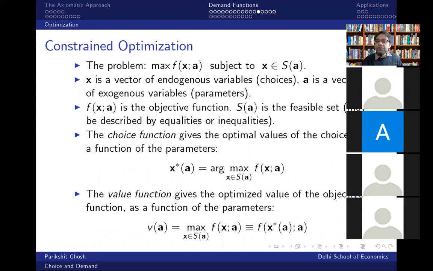For interior solutions, they're described by the first order conditions. Remember, all the first derivatives of the Lagrangian equal to 0. That gives you a set of equations, and when you solve that set of equations, that gives you what you're looking for, your demand functions. So the heart of the model is that set of equations. In a market, what is the relevant set of equations? Demand and supply equations.